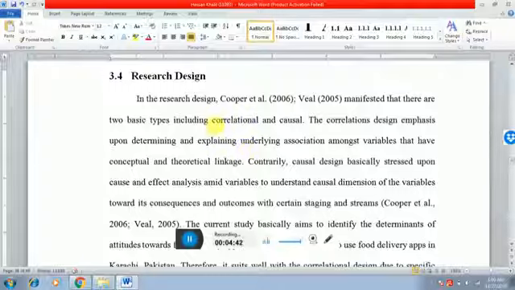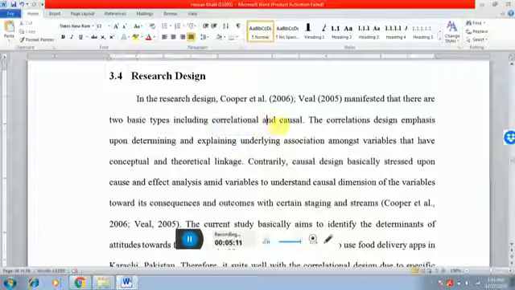And the correlation researches are those researches in which you are going to identify the relationship between two variables, such as the relationship between satisfaction and loyalty. So these kinds of researches are called correlational research. And causal researches are those such as identifying the impact of satisfaction on loyalty. So if your hypothesis is like this, satisfaction has a positive relation with loyalty, then your research design should be correlation.